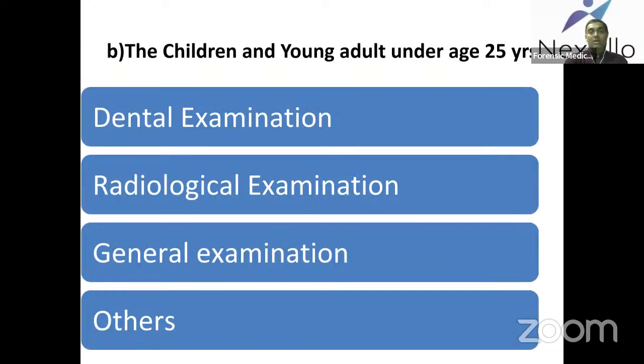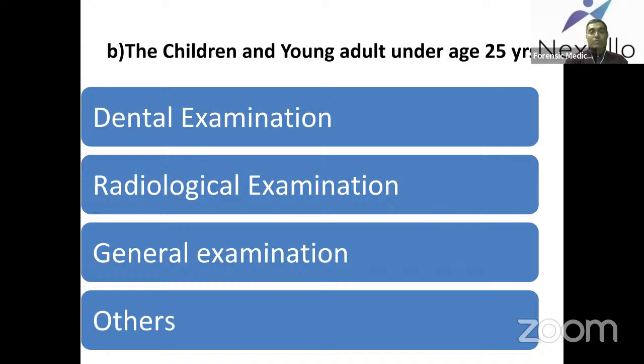So we are going to take a brief review and touch upon the topic in the next 1 hour, so that all of you can understand the importance of forensic radiology. For children and young adults under the age of 25 years, we have these points of identification: dental, radiological, general examinations and other examinations.